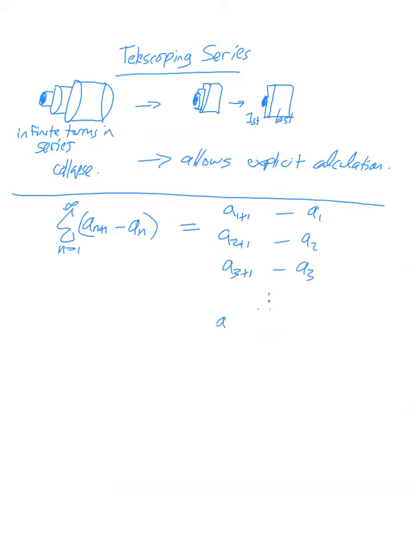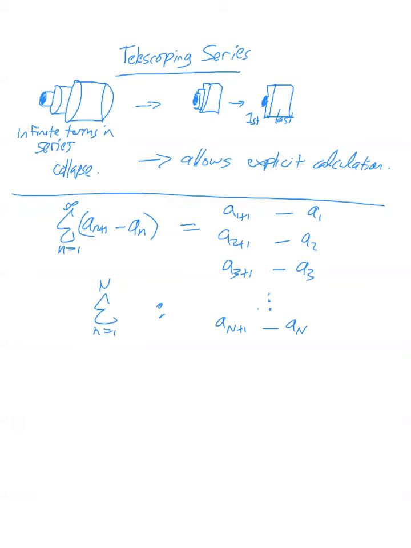And let's say we sum until n. I stop here for my partial sums before I take my limit. Here's what's going on.